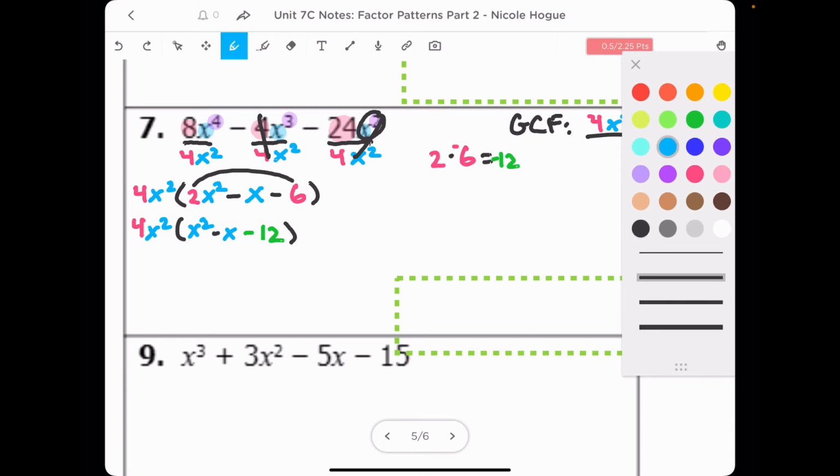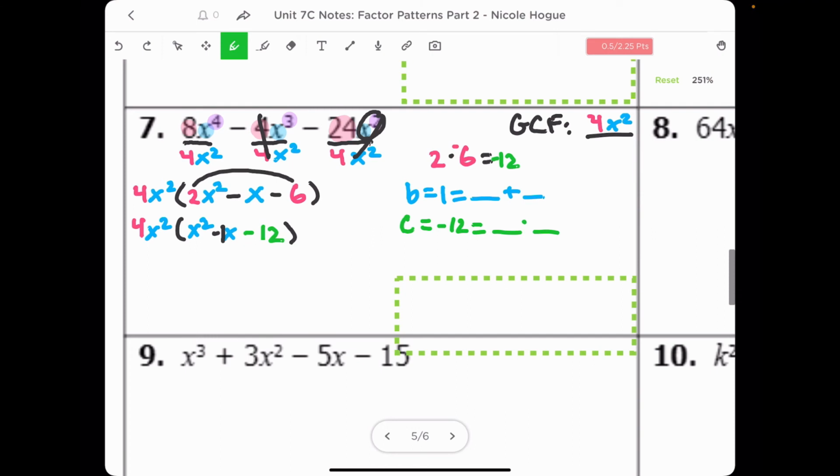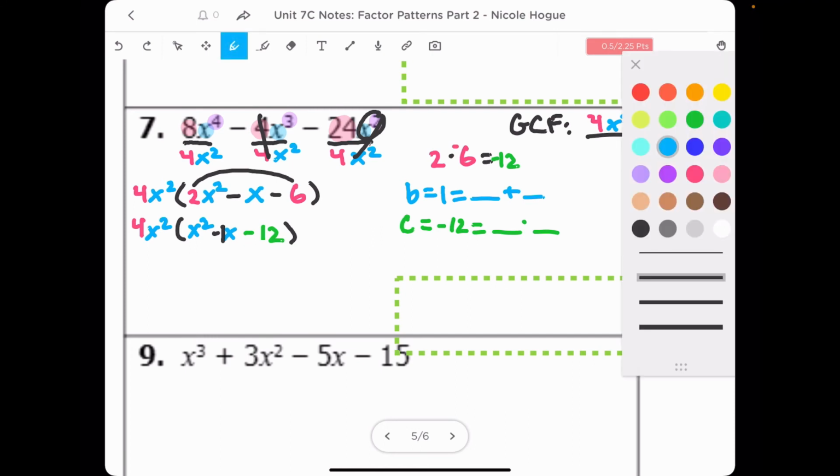So in this case, our B is 1, so we need 2 numbers that add up to give us 1, but when you multiply, give you negative 12. Well, I know that 3 and 4 are 2 numbers that when you subtract would give you 1.